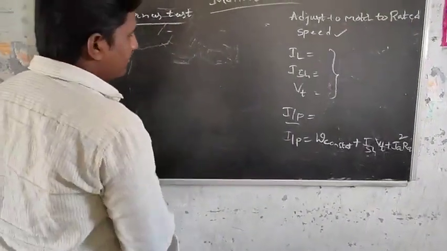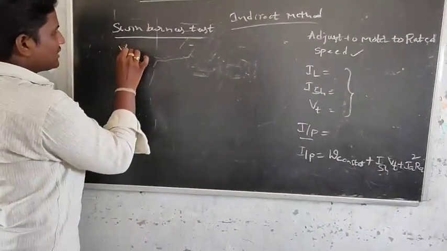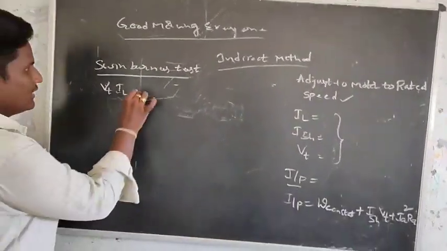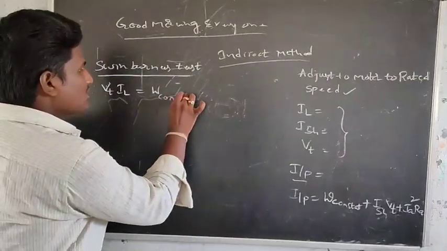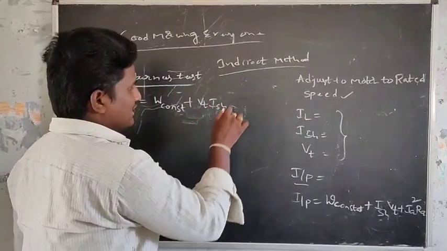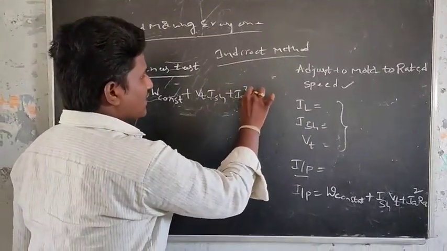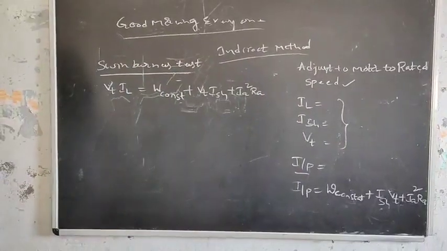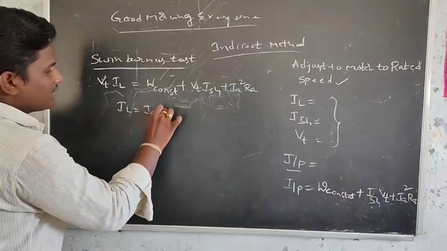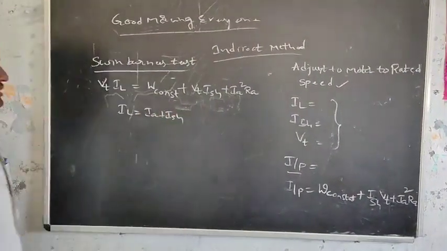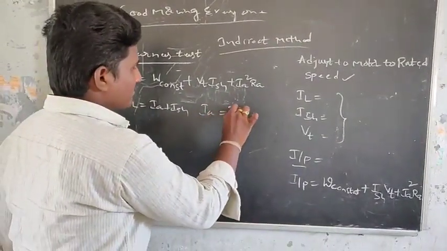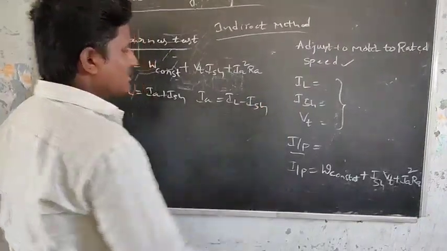So what can I get? Input equals terminal voltage into line current, VT IL. That equals the constant losses plus VT ISH plus IA square RA. From the diagram, the line current equals IA plus ISH, so IA equals IL minus ISH.